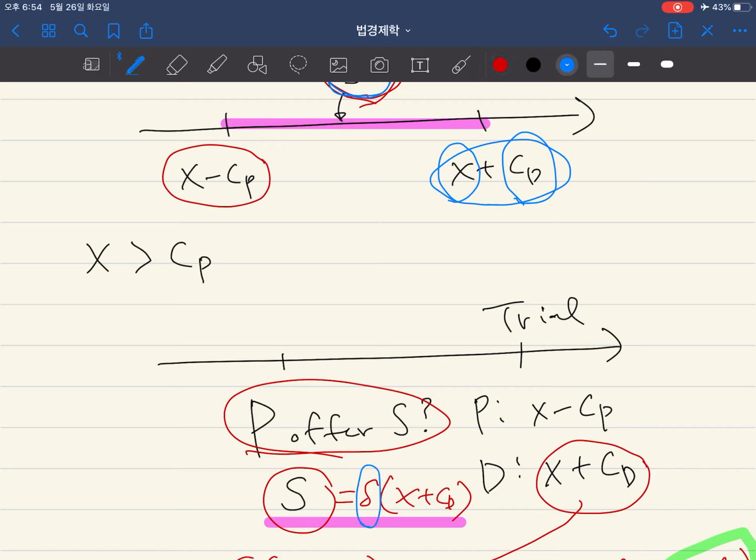So here suppose delta is equal to 1, then this settlement amount is equal to this maximum amount possible from settlement. So in this way, when plaintiff has the last chance to make a settlement offer, he can extract the entire surplus from settlement.